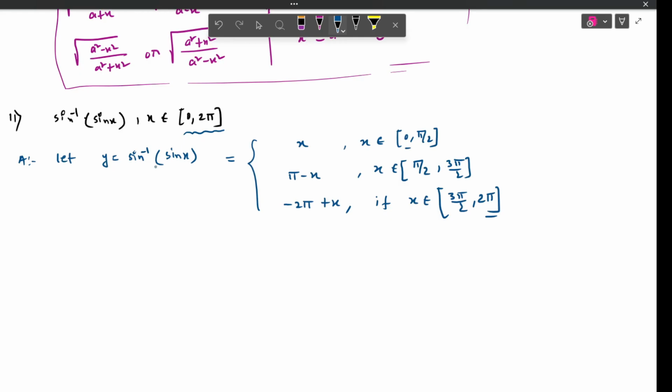Now see, let us first check if within these intervals, the differentiation is possible or not. Now see, left hand derivative at x equals to pi by 2 is 1.